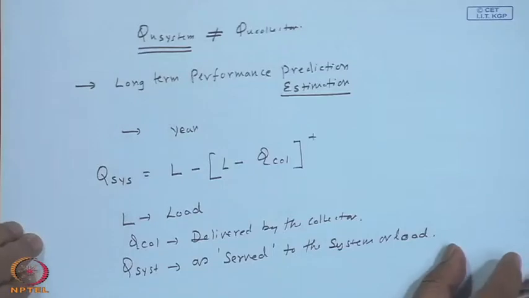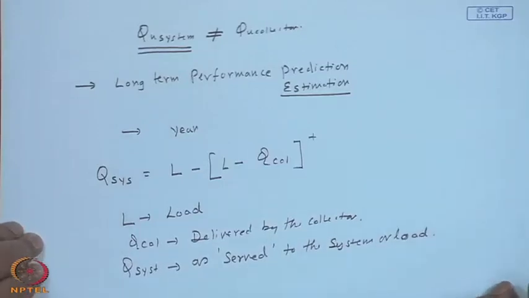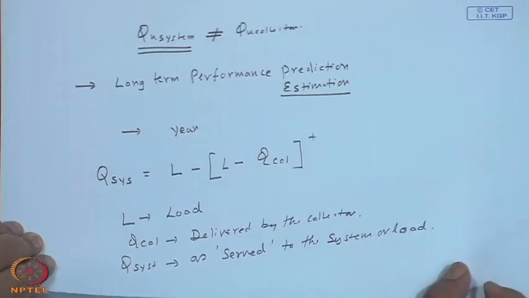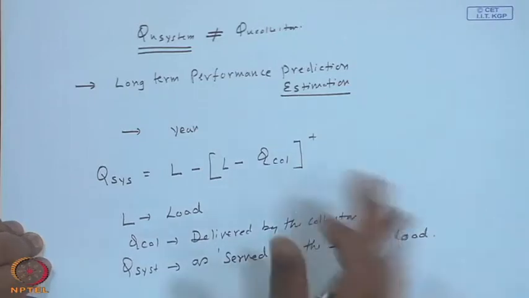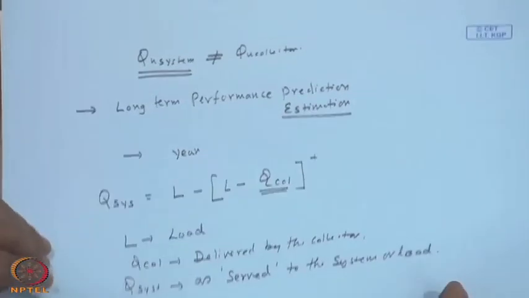In other words, you have got 500 liters of requirement, you got 498 liters, then the Q system is 498, and whatever is the Q collected should be equal to Q system. Now, this is written only for mathematical convenience.